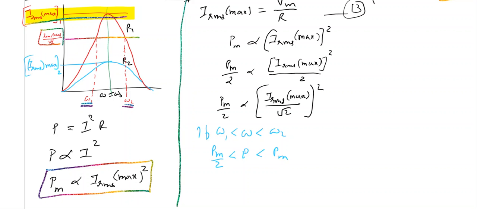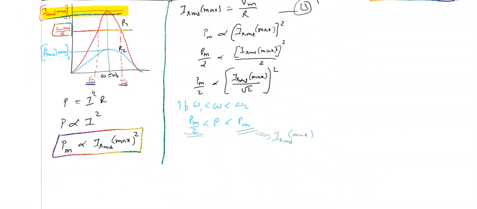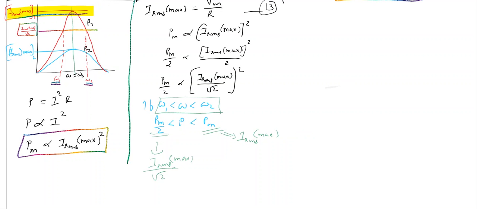Okay, we have maximum power when current is maximum, IRMS is maximum. And when do we get half power? Half power is when IRMS assumes a value root 2 times less than its maximum value. And hence, this range of frequency is called the half power bandwidth.